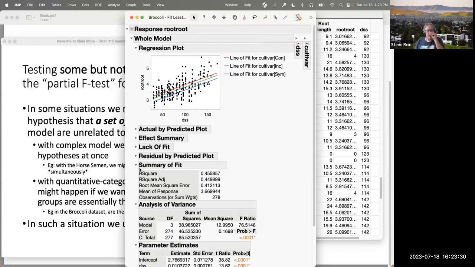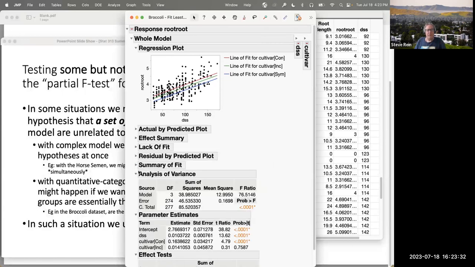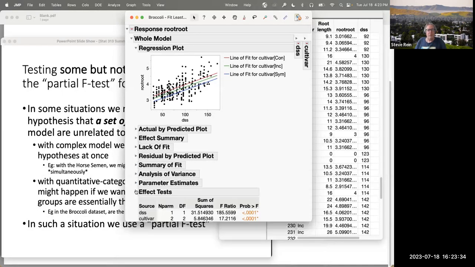Our summary of fit, let's just blitz past that analysis. Let's go right to our effects test. The effect of cultivar says in the effects test, having controlled already for a trend line relating days since seeding to the square root of the root length, we see a difference across at least two of these three groups.